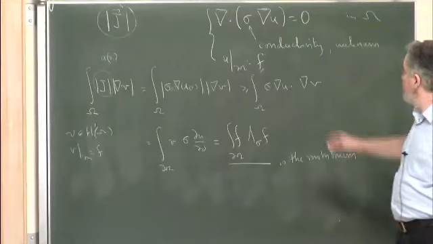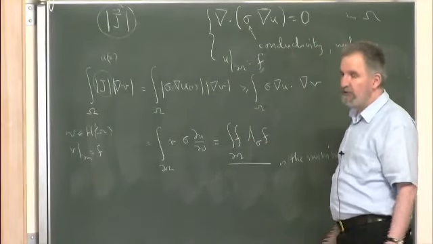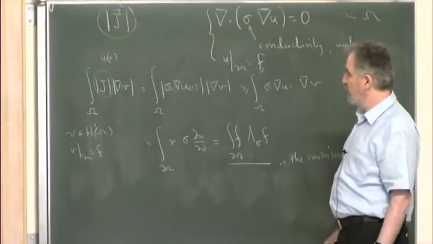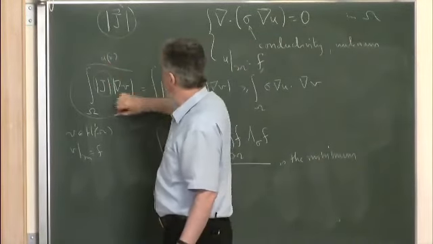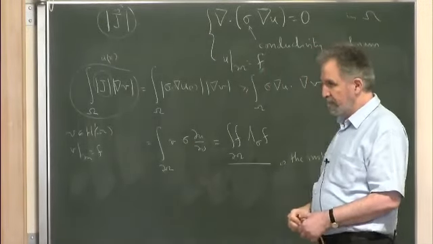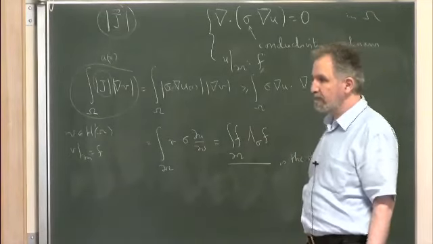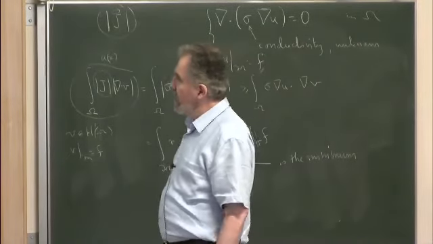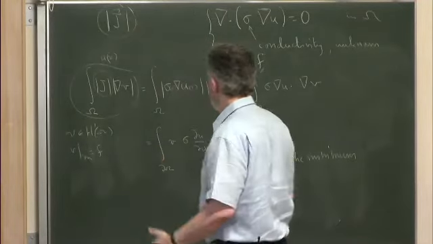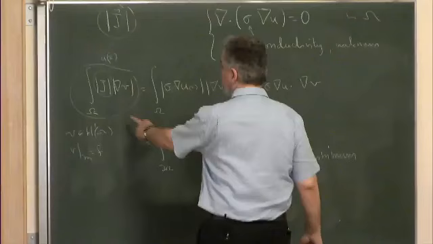And it tells you that U, the function we are after, is a minimizer. We don't know if it's unique, but at least we know it is a minimizer of the problem, this, with U equal F on the boundary. Right? Any other one gives you a bigger number. So this shows us that it's okay to forget about the PDE, the degenerate PDE, and look instead at the variational problem.